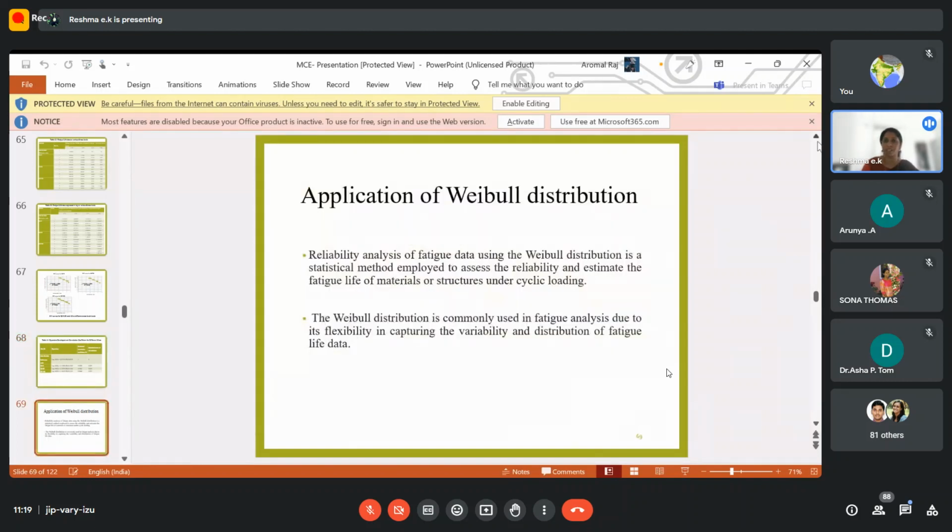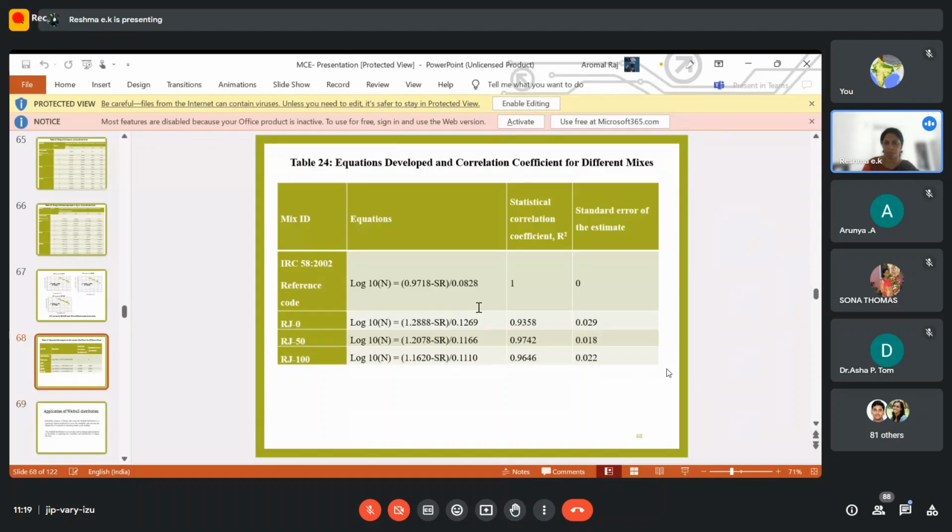For the same reason, I thought I would just stop here initially, because this is enough. Suppose I need to find the fatigue life for any stress ratio, this equation is more than sufficient for me. I would have stopped there if I had taken 24 samples, but I did not take enough samples.